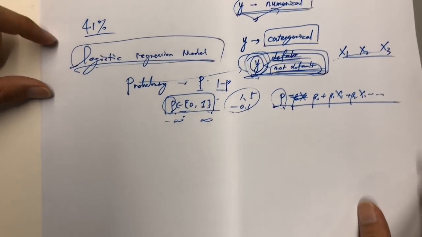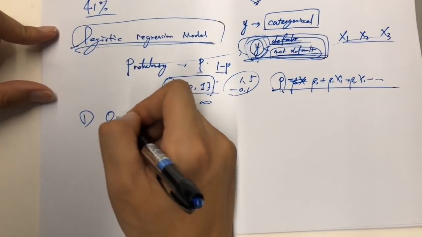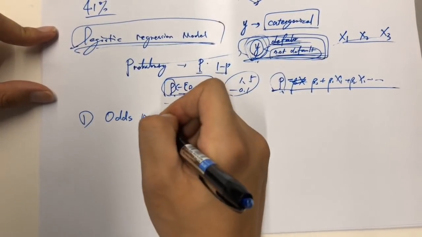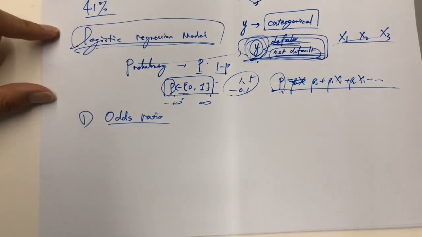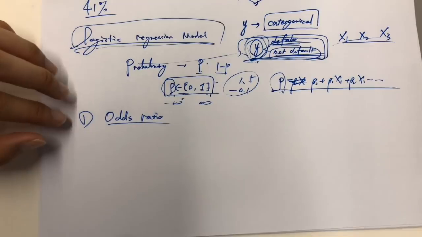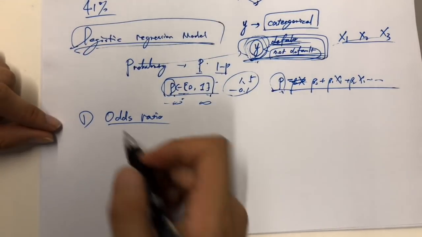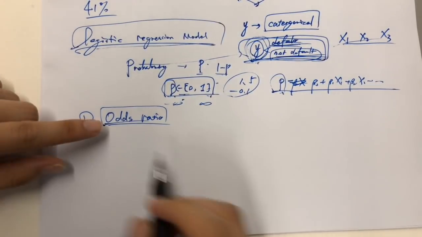So the first thing you need to know about logistic regression is the definition of odds ratio. I believe last week, many of you made some bets on the horses, the Melbourne Cup, right? So if you bet something, you're probably very familiar with the concept of odds.